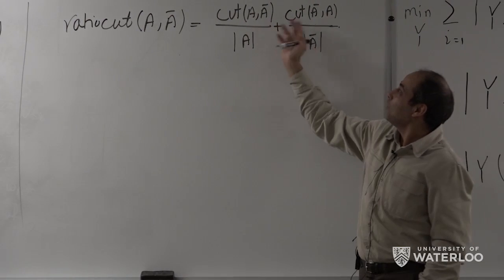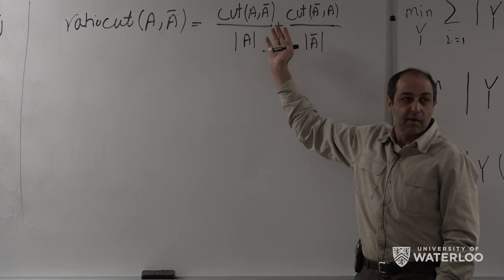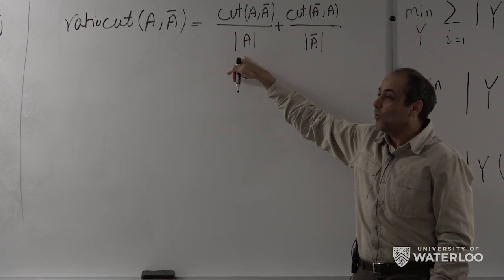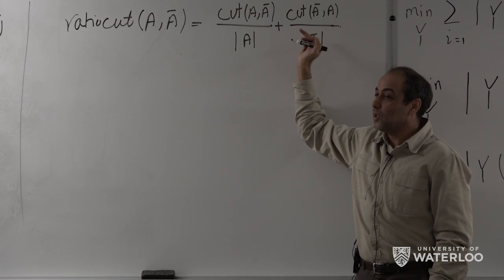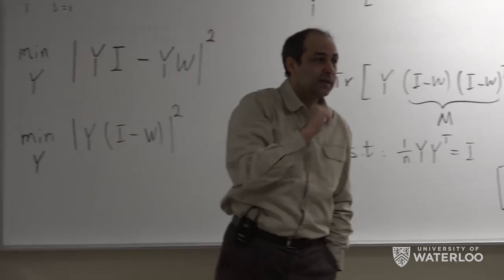Cut(A, A bar) and cut(A bar, A) are the same. You just divide cut by the number of points in set A, divide cut by the number of points in set A bar, and add them up.